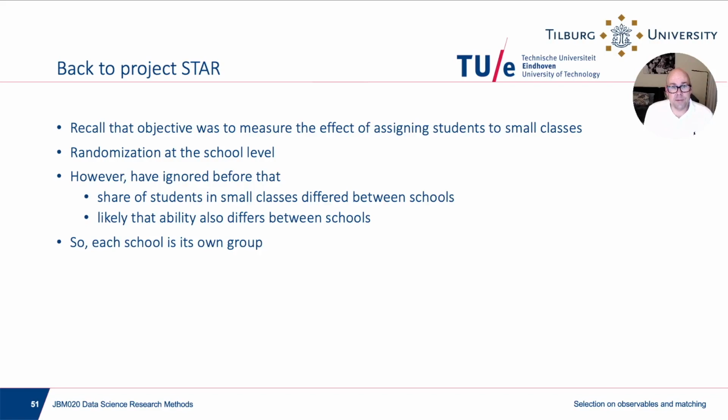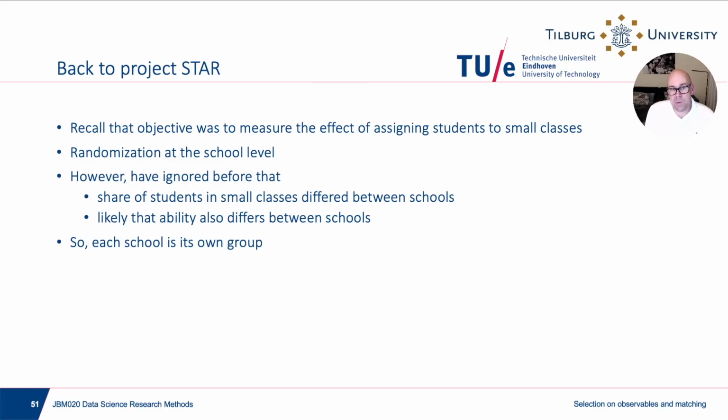not all schools have similar or comparable student populations. So it could well be that, for instance, in schools in which students were better anyway, there were more or fewer students in small classes.